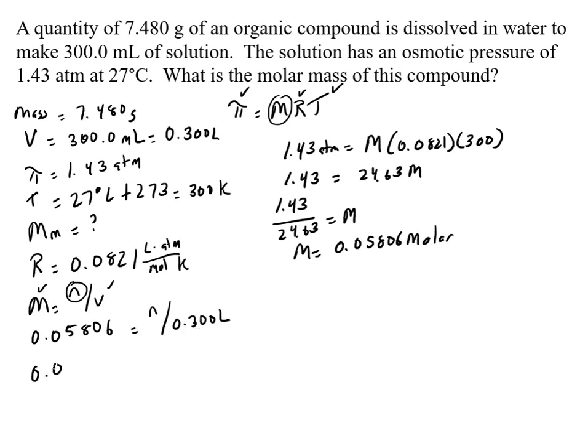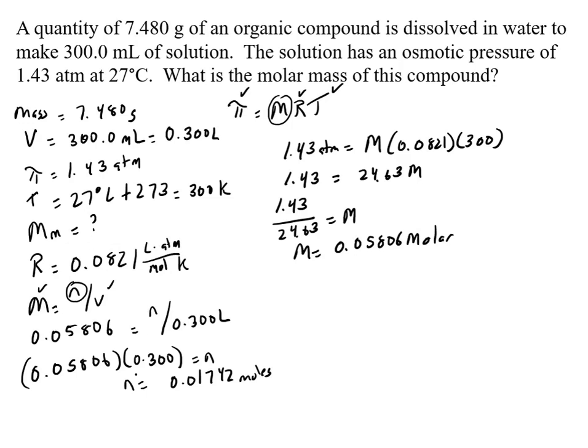So I have 0.05806 times 0.300 is equal to n. So n ends up being 0.01742 moles. Again, moles is not what I'm looking for.